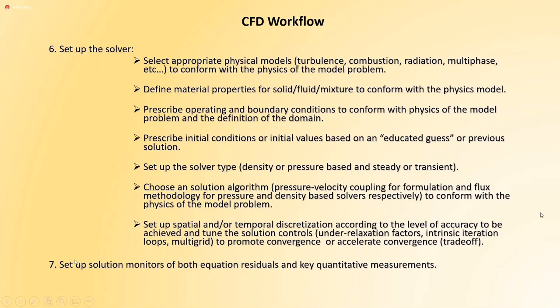Set up solution monitors, of course, and again, I suggest you use what I provided; you can use it for every software. Set registers. Registers means that you record what happens in every cell in every iteration.